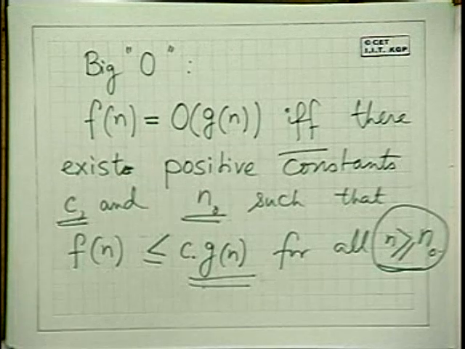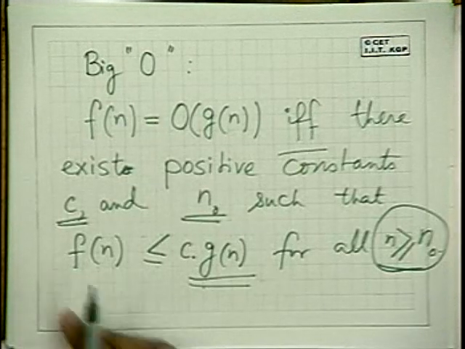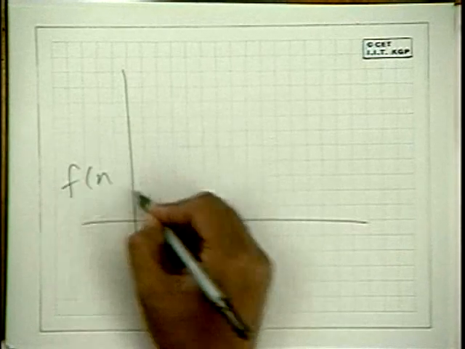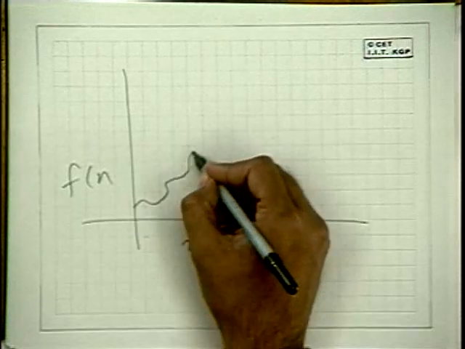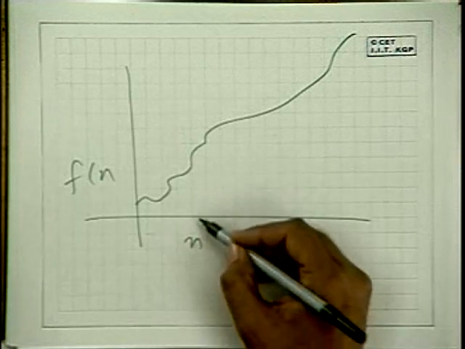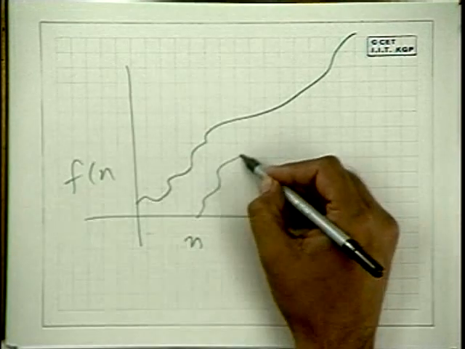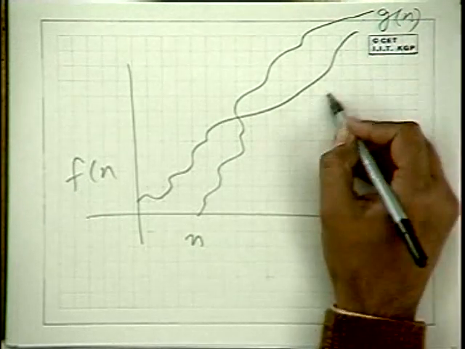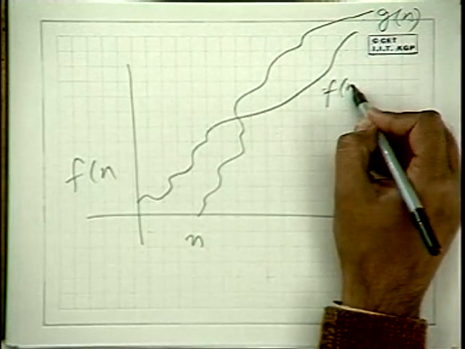from above. So if you plot the graph, it should be something like this. Suppose you have f(n), so n and f(n), initially probably like this, then f(n) is this. So what is this g(n) saying? Initially I don't know, but when n is large, g(n) is something like this. So this is f(n), this is g(n).